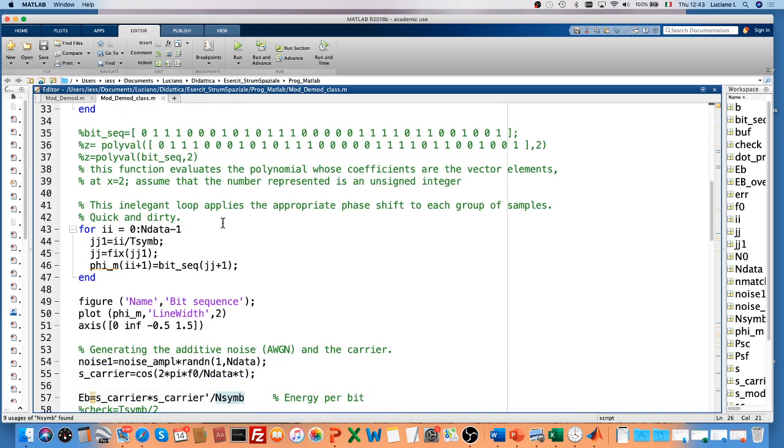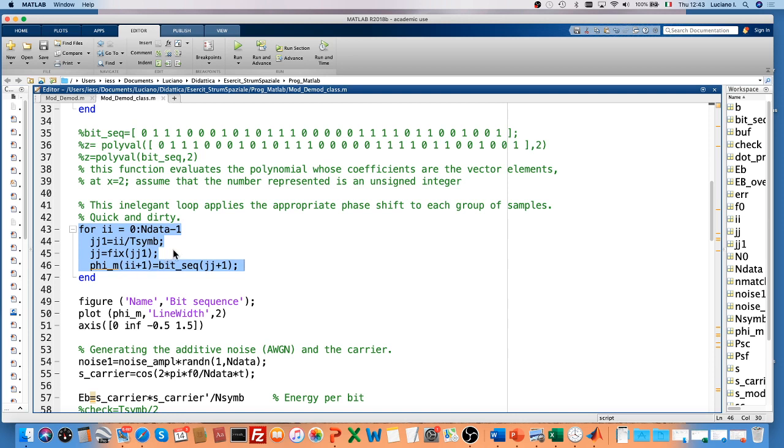Then I need to apply a phase shift, and I have to define the phase shift that I apply. So this module here applies the phase shift.